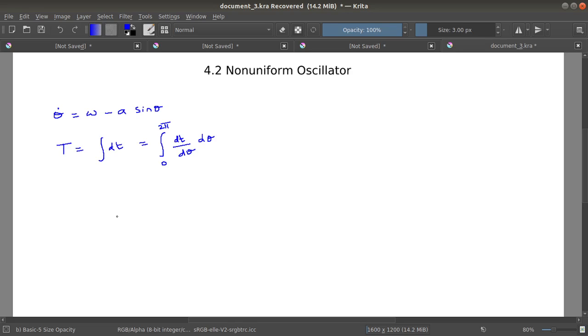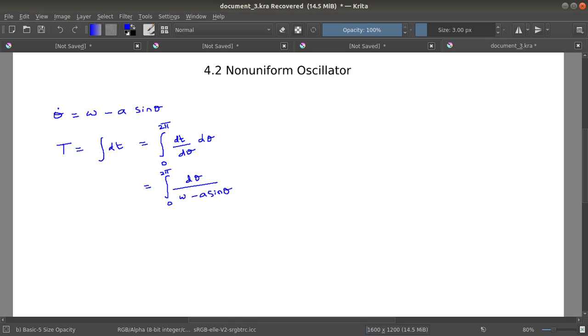So what is this dt by d theta? It is nothing but the inverse of theta dot. So what I could write is the integral from 0 to 2 pi of d theta divided by omega minus a sin theta.